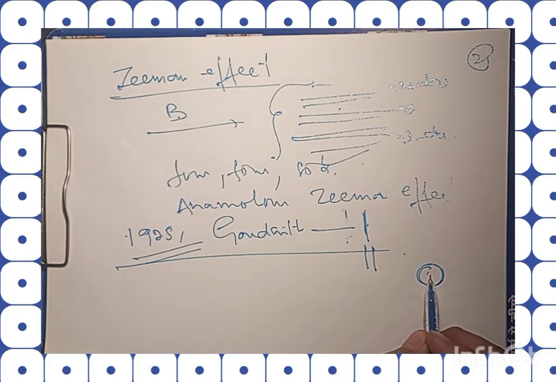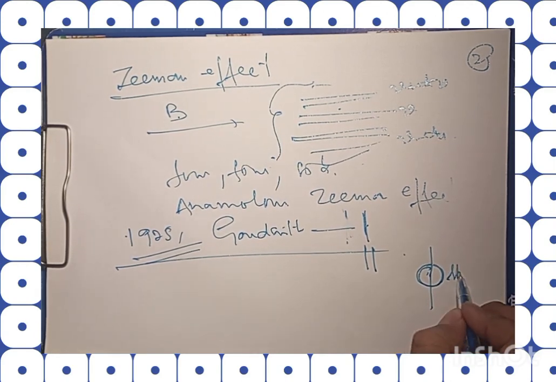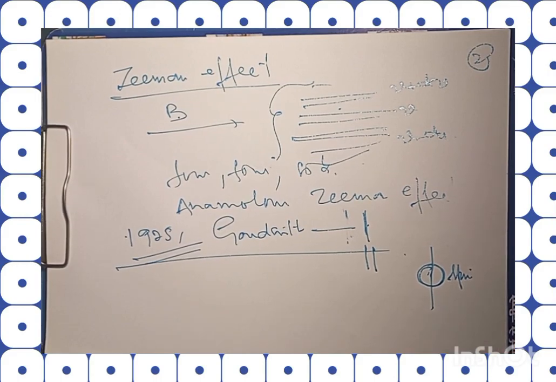It has its own angular momentum, and this angular momentum is called spin, and its magnitude is the same for all electrons.